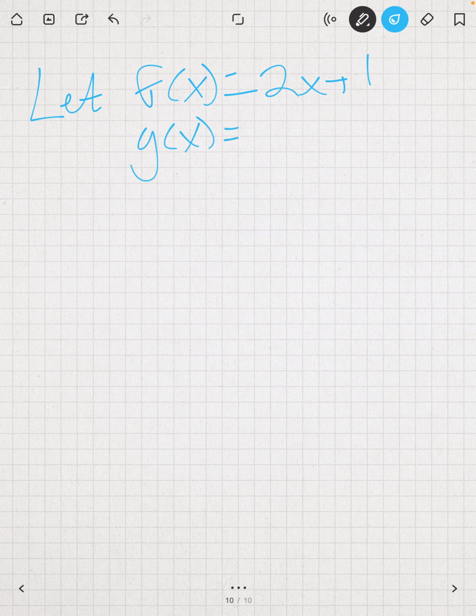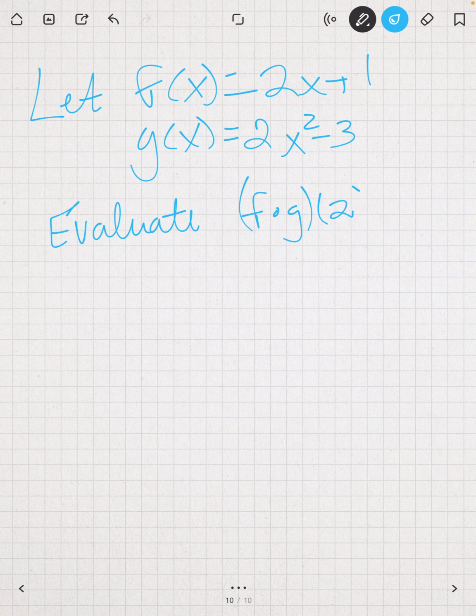But let's say, let f of x equal 2x plus 1, and let g of x equal 2x squared minus 3. Evaluate f compose g at 2, and we don't have to only go one direction.